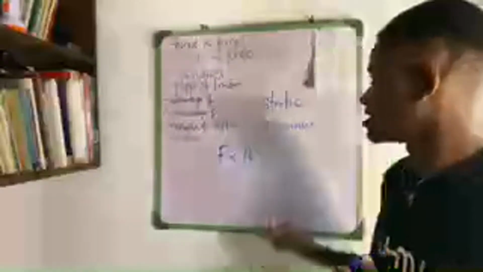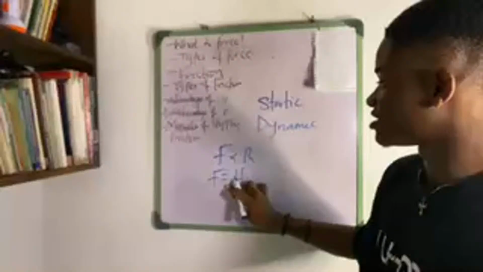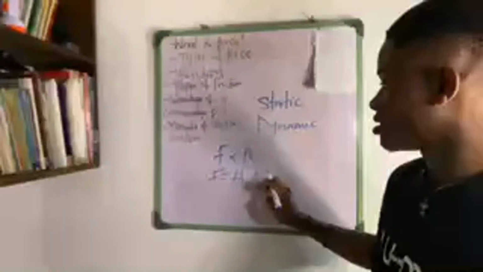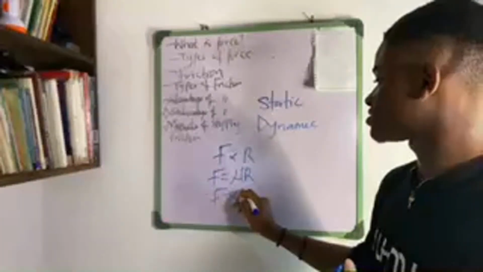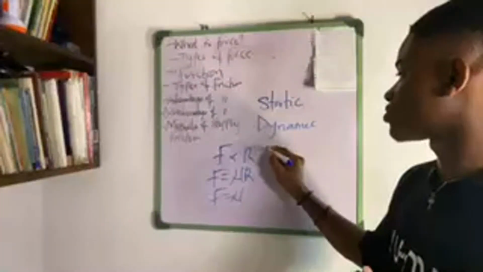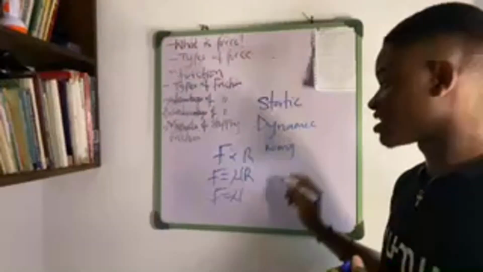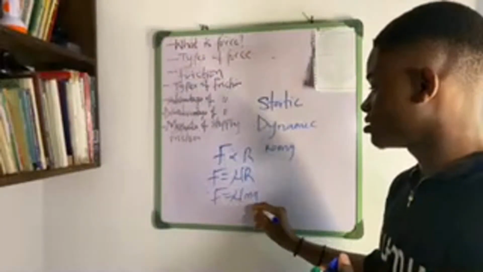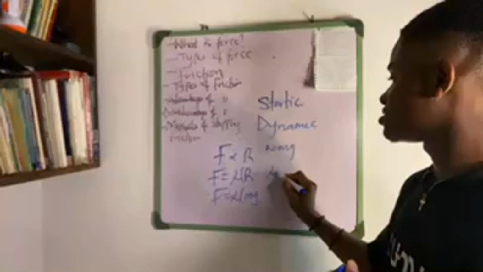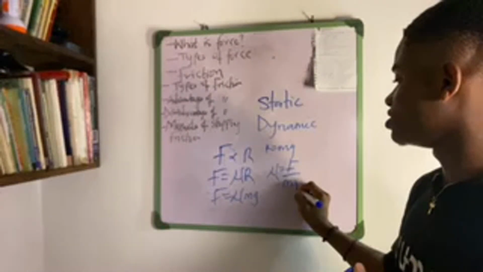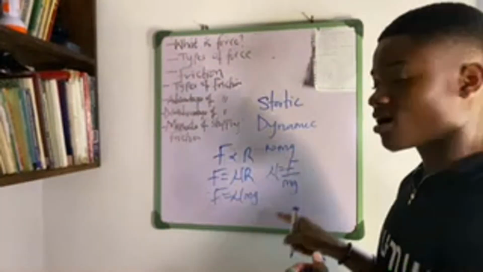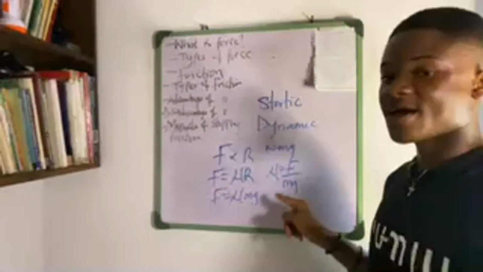Then we can say that F is equal to the coefficient of static friction times R, where R is equal to mg, mass times acceleration due to gravity. So the coefficient of static friction is equal to force over mg, or force over R.